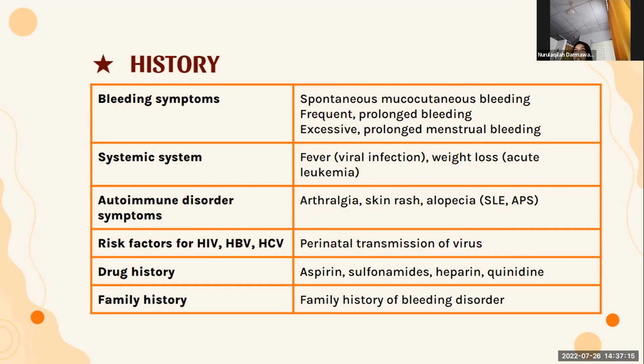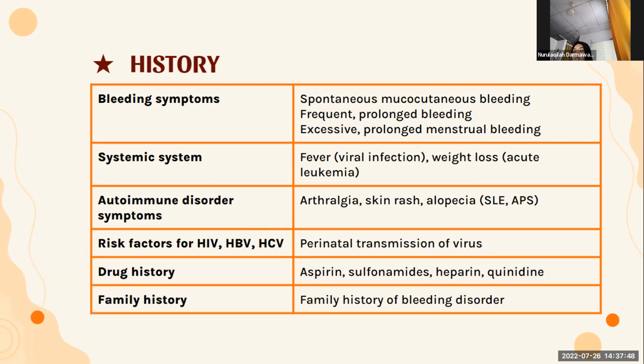Usually in ITP, from the current presentation, there should not be fever, but it usually has a history of viral infection 2 to 4 weeks before, which can lead to the presentation of ITP. And then autoimmune disorder symptoms like arthritis, skin rash, and alopecia, to exclude the autoimmune secondary causes of thrombocytopenia like SLE or APS.